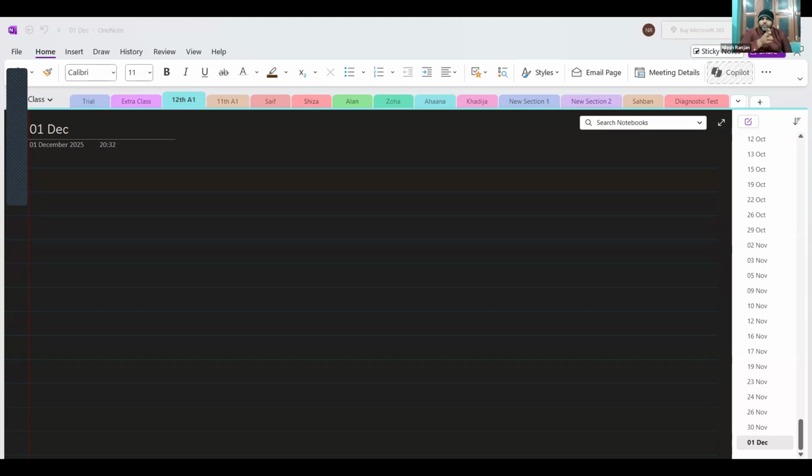In solvency ratio, debt equity ratio is the most important. In activity ratio, inventory turnover ratio is the most important. In profitability ratio, return on capital employed and gross profit are the most important ones. So these are the ratios that are very, very important for exam purposes. There are other ratios also which sometimes come in the examination, but most of the time the questions are related to these ratios. So yes, inventory turnover ratio is very important and it can come in the exam.